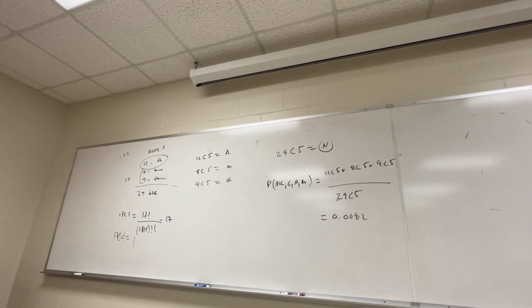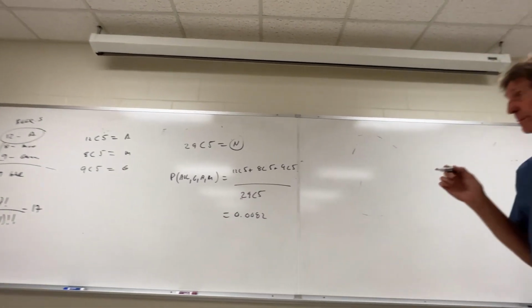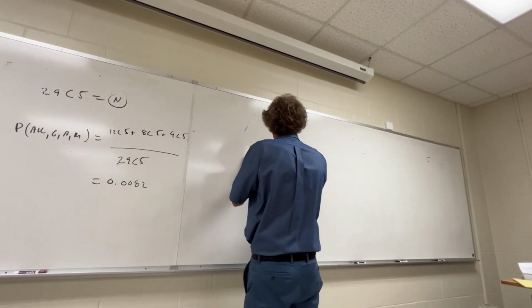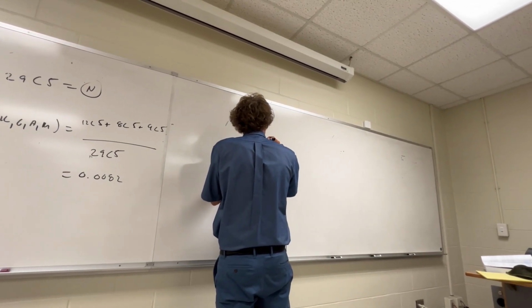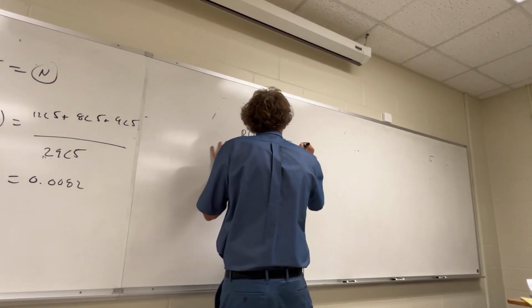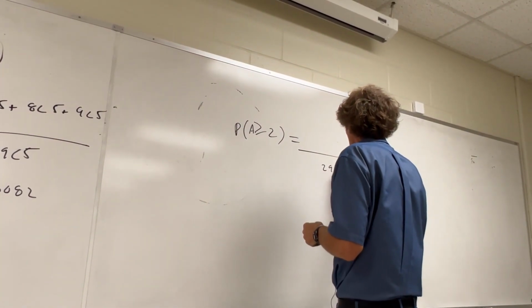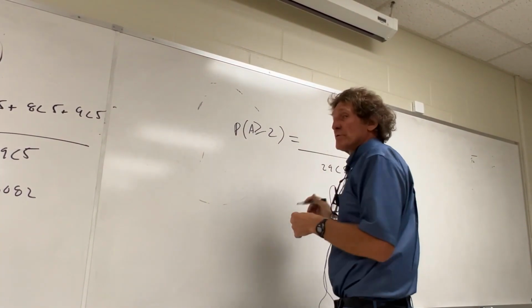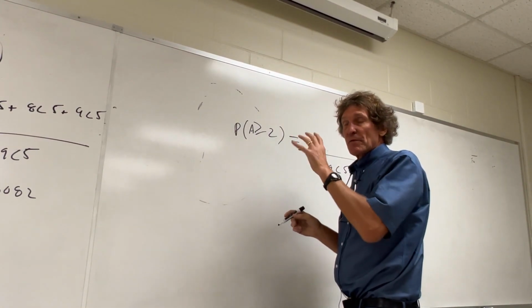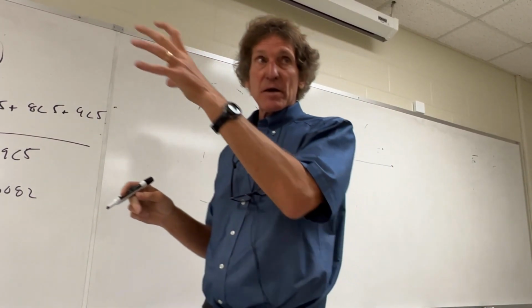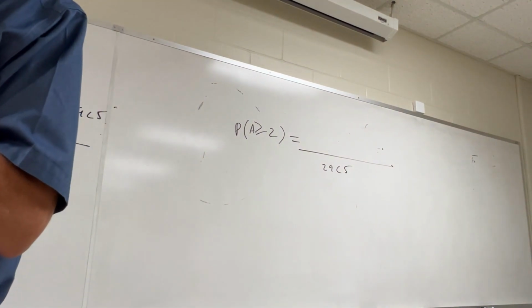So if I want the probability of getting 2 or more American beers, I'll just say A greater than or equal to 2 out of this 5 sample. Down here, we're still going to have 29 combination 5. Do this one with me. So now the first one is 2 American, 3 foreign, right?